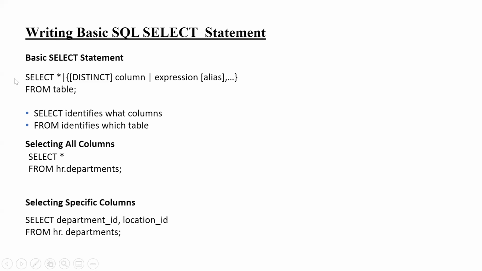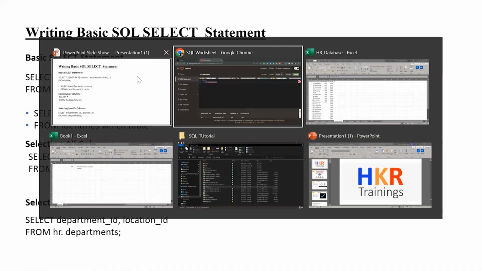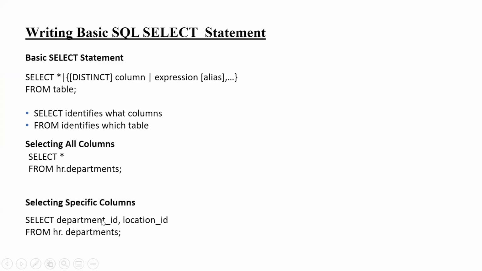Now, if you see this example, select star, this pipe is nothing but or. Whenever you see this pipe, it means or. So either you can just put a star, or you can put the column names like how we have it here, or we can also put an expression or the alias.